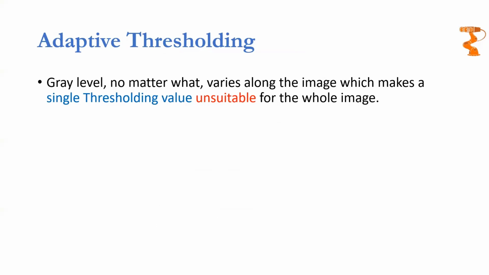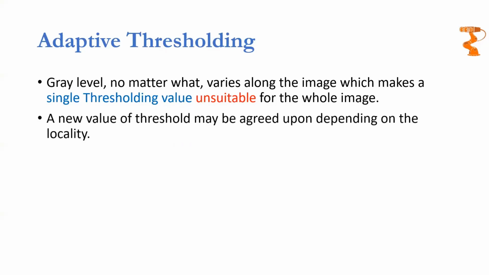No matter what, gray levels are going to vary along the image, which will make a single thresholding value unsuitable for the whole image. So what is the remedy? The remedy is adaptive thresholding. What if we can have a changed threshold value for a different portion of the image, depending on the brightness values present in that locality?